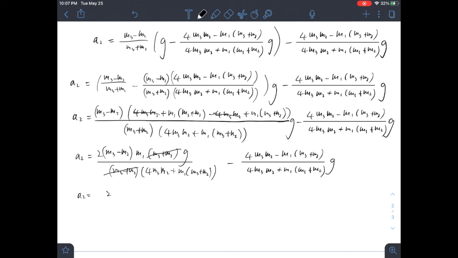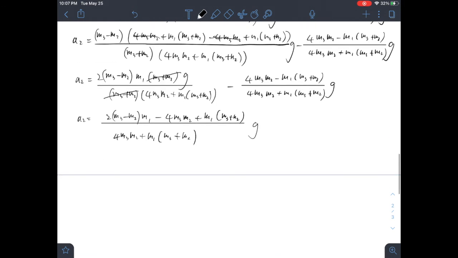Because we all have G, let's factor out the G. So we have 2 times (M3 minus M2) times M1 minus 4M3M2 plus M1 times (M3 plus M2), divided by 4M3M2 plus M1 times (M3 plus M2), times G, the entire thing.